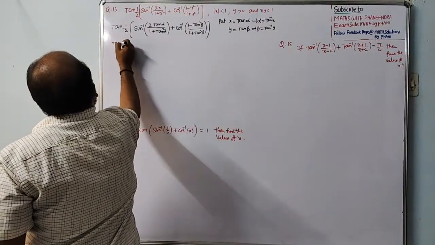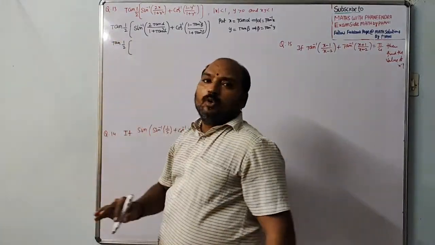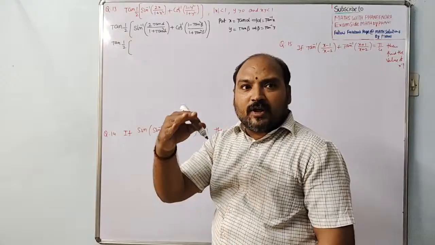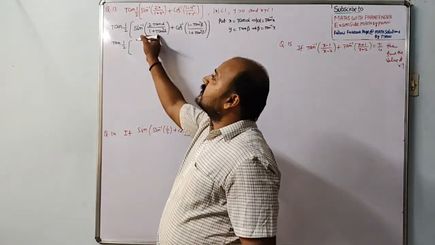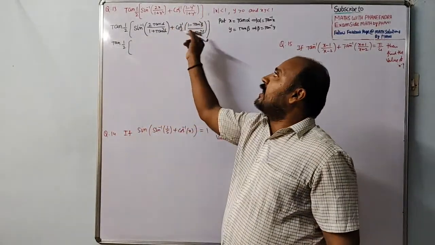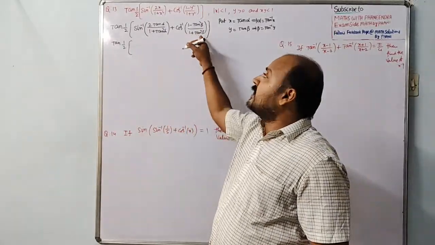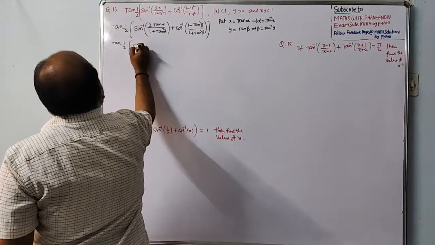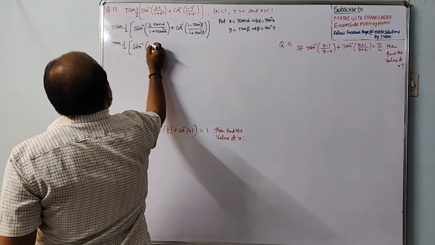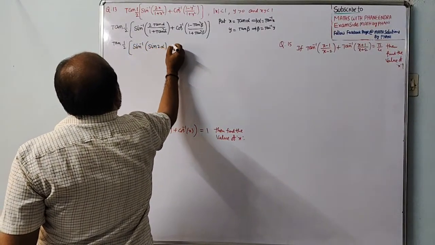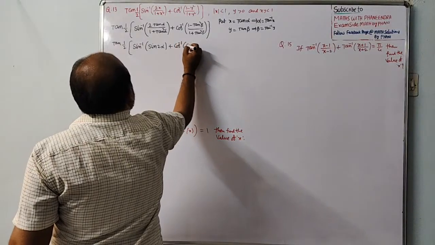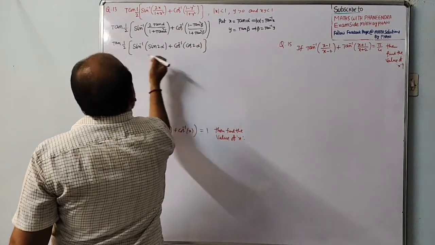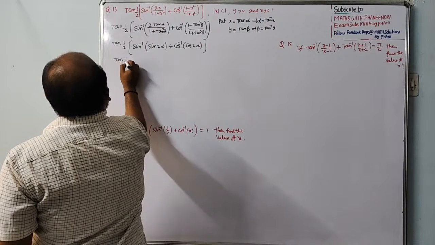So, 2 tan alpha by 1 plus tan square alpha is the formula for sine 2 alpha. 1 minus tan square beta by 1 plus tan square beta is the formula for cos 2 beta. So, sine inverse of sine 2 alpha plus cos inverse of cos 2 beta.